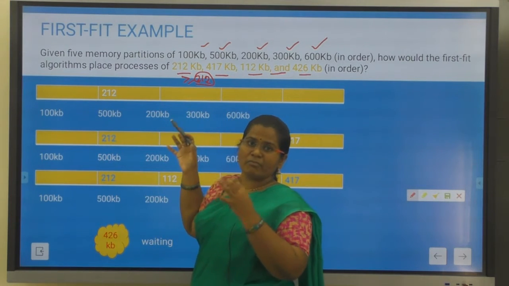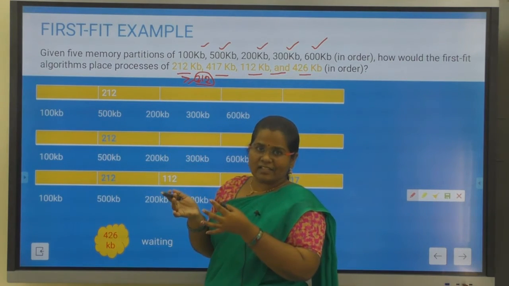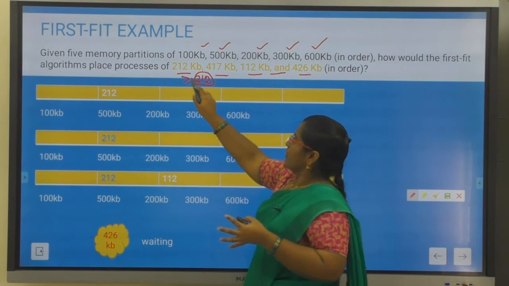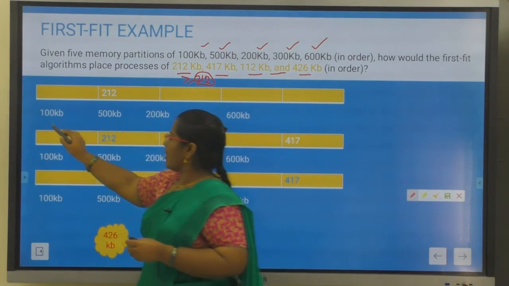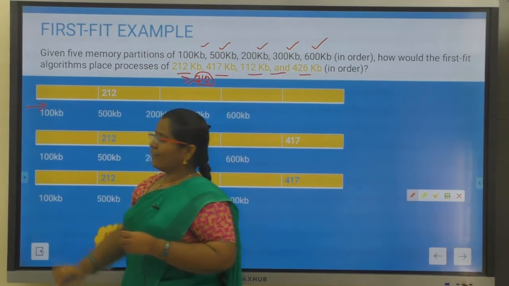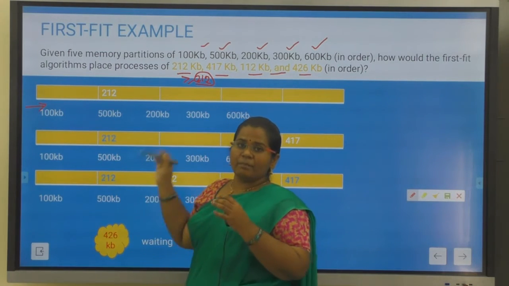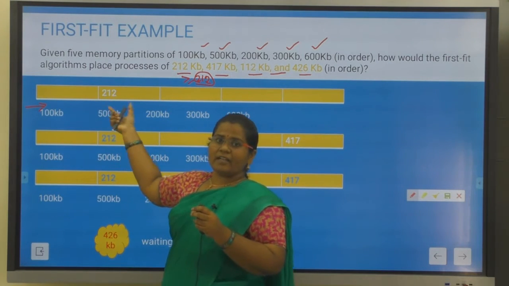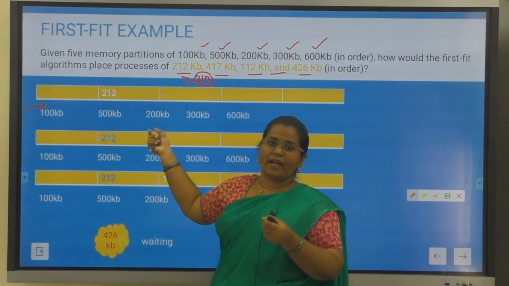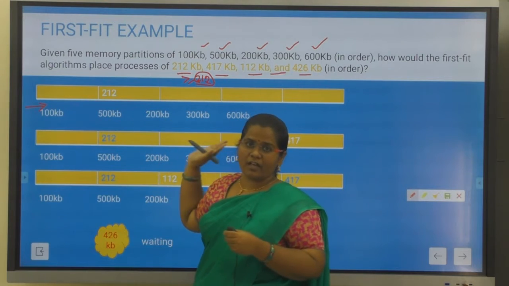You cannot store more data in less space. So first fit says you search your main memory right from the first partition and place your process in the first partition that is big enough to store it.